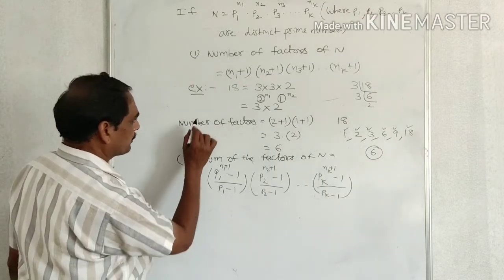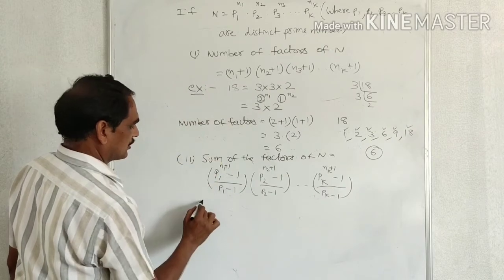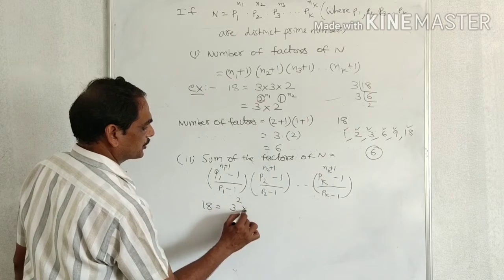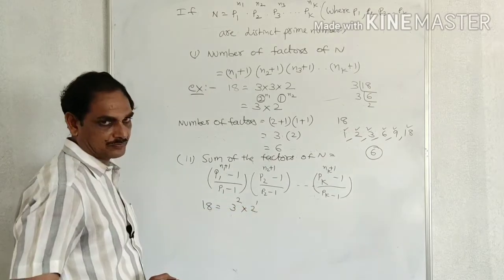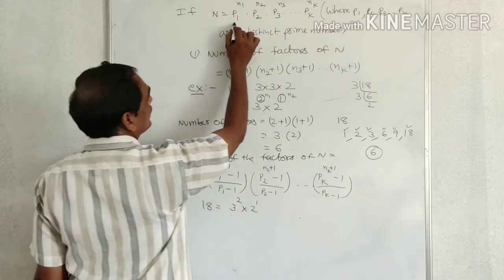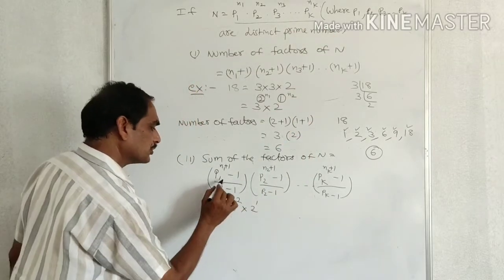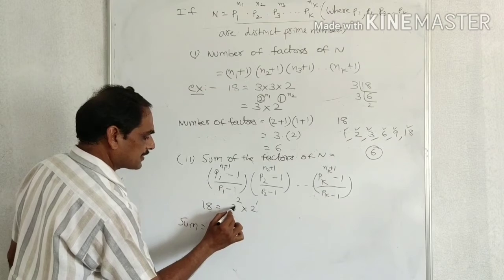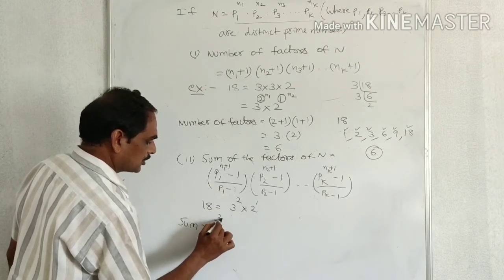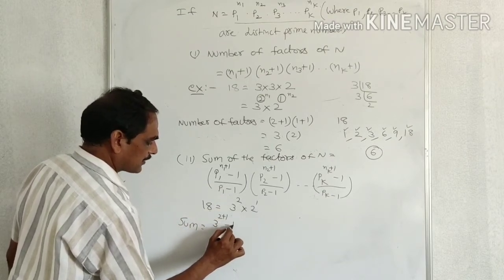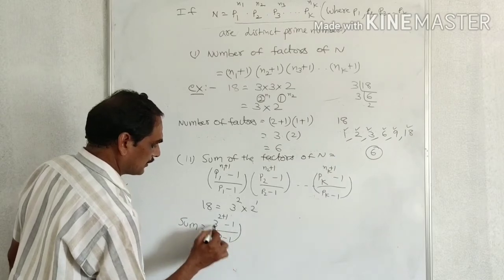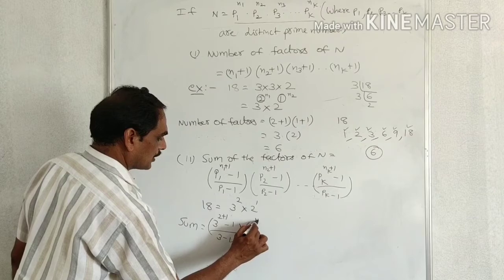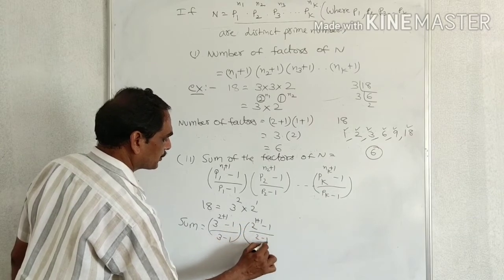Now we take the same example, 18. So 18 is equal to 3 power 2 into 2 power 1. First we have to write 18 in this form, and next we use this formula. Sum is equal to (3 power 2 plus 1, minus 1) by (3 minus 1) into (2 power 1 plus 1, minus 1) by (2 minus 1).